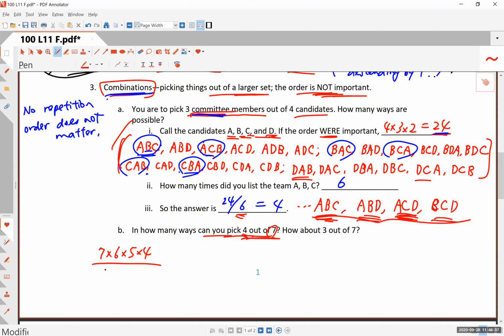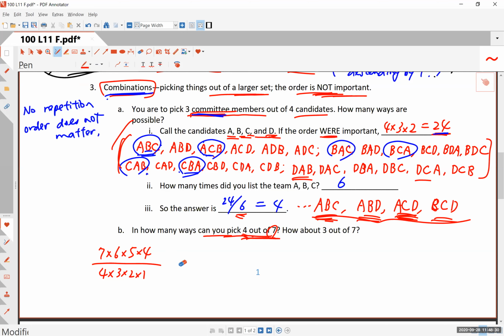So here you have 4 times 3 times 2 times 1 ways. That's 24 ways of writing the same combination. In other words, all 24 of these permutations are represented by just one combination. So you divide this number by 24.